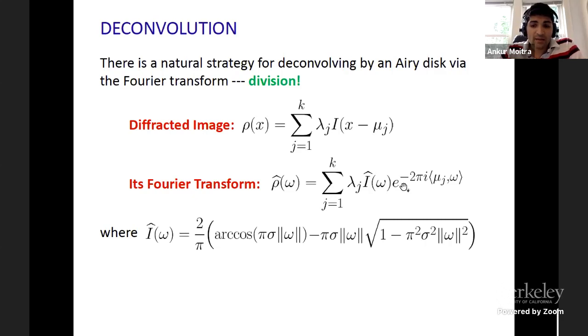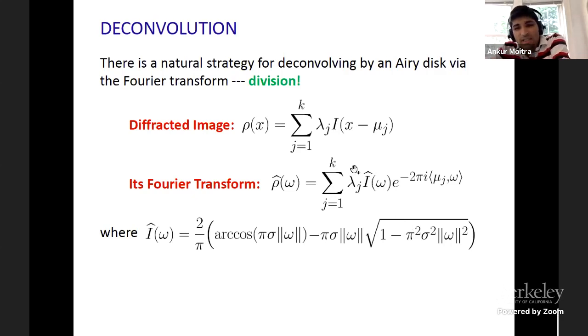That corresponds to multiplying by a trigonometric function. So instead, it's e to the minus 2 pi i. Remember, mu j is a dimension 2 vector because it's a location in the observation plane. Omega here is a length 2 vector because we're working in 2 dimensions in this Fourier transform. We take their inner product, and that becomes the frequency in this exponential. So this Fourier transform is going to play a key role.